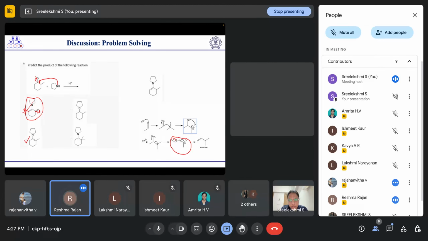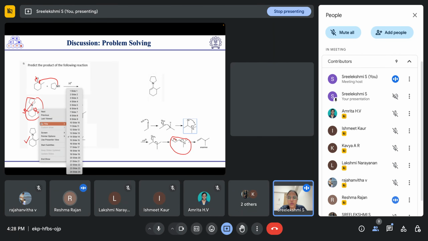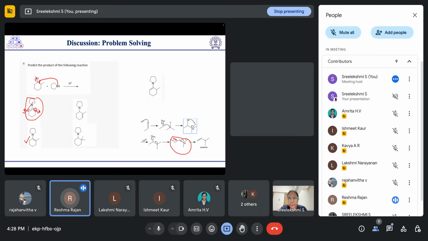If this is shifting, the double bond will form here. I guess the reason is that since hindrance is more on this side, the other side is more accessible. Actually, I guessed the same thing, but the professor was saying that substituted alkenes are more stable.